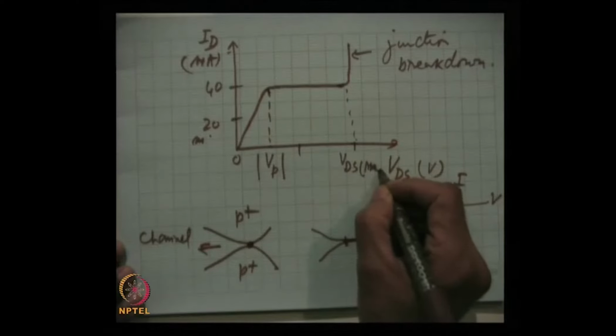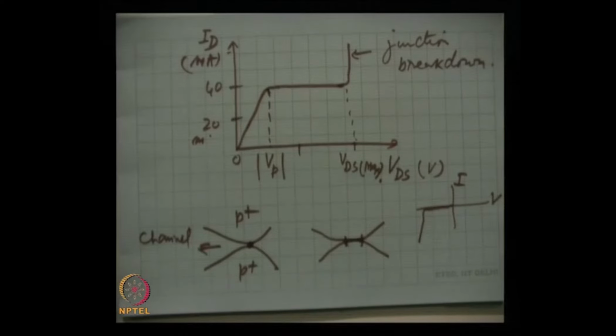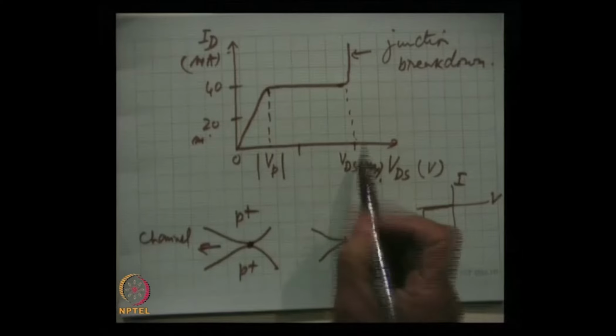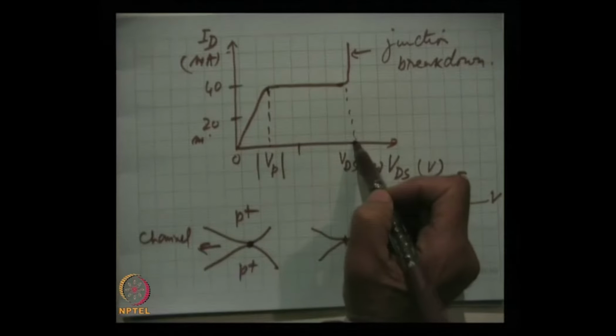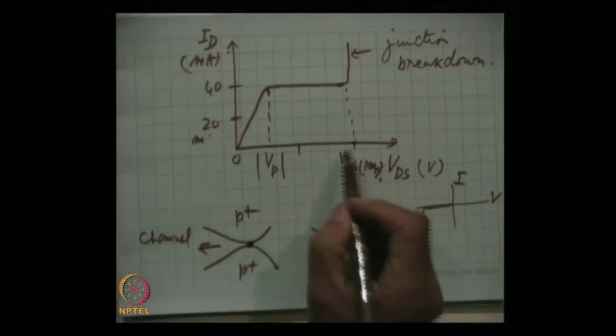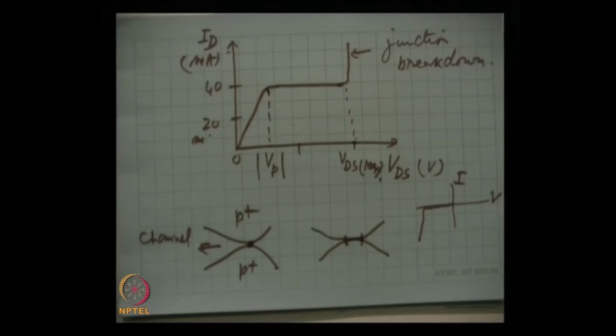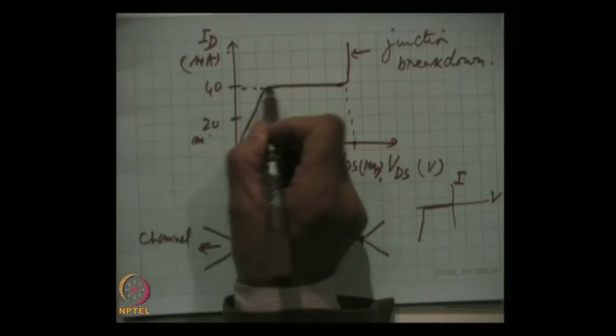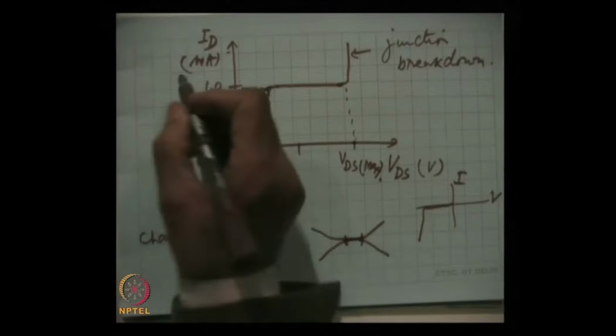Max means maximum. We are not supposed even to operate in this limit. The voltage has to be less than the VDS maximum value, which is prescribed by the manufacturer in the data sheet.